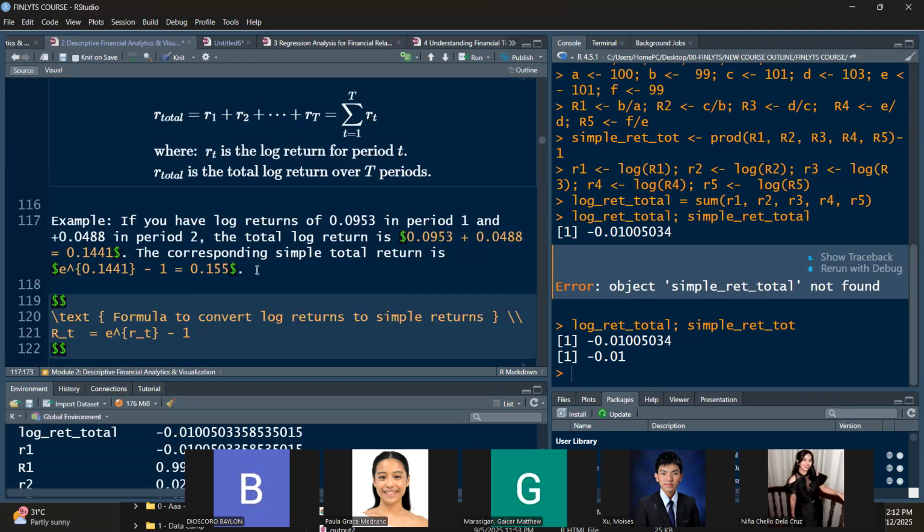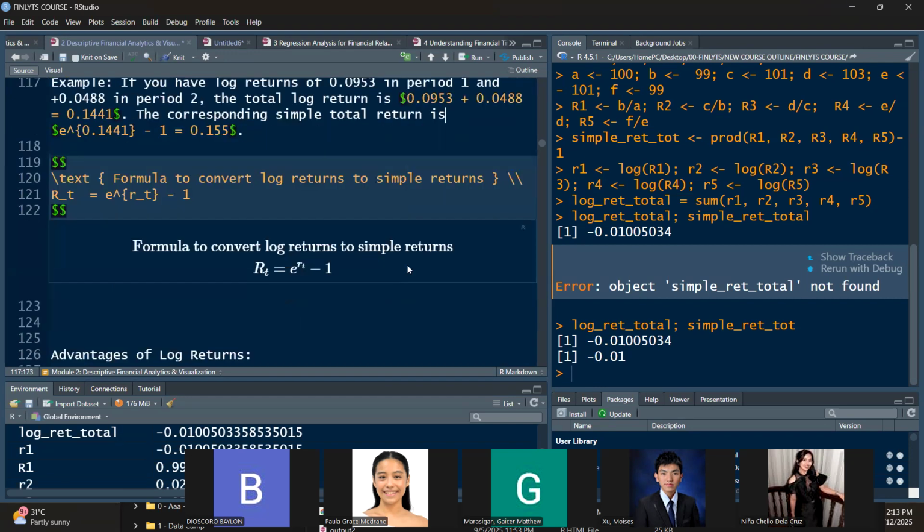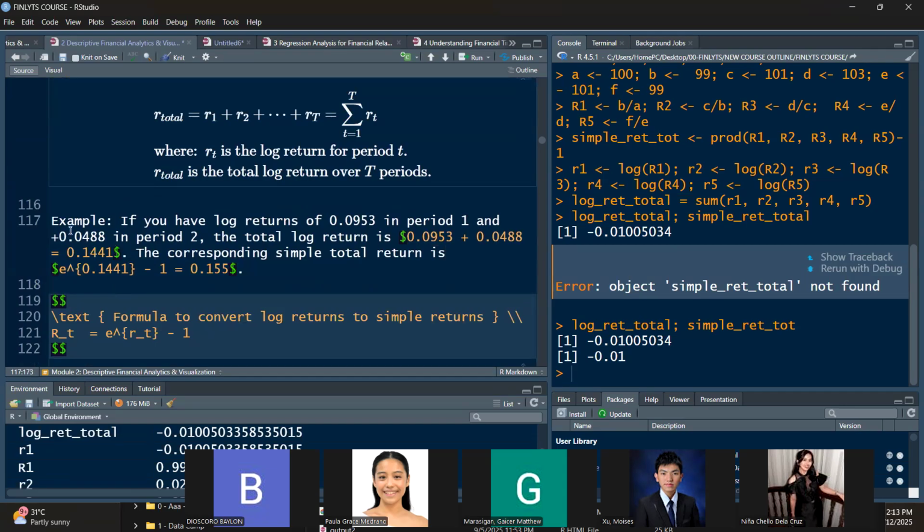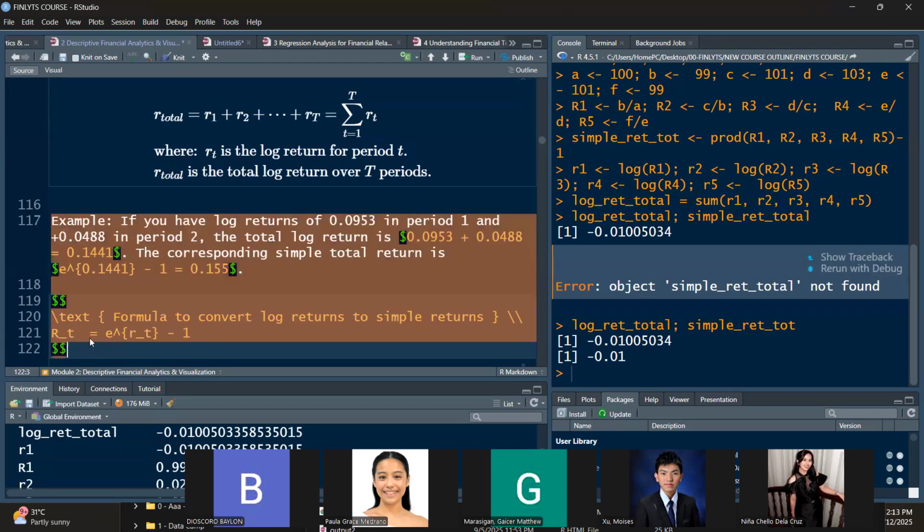And you can convert this log return into a simple total return. This is the formula, class: R sub t is equal to e to the r sub t minus 1. Let me share this example with you.